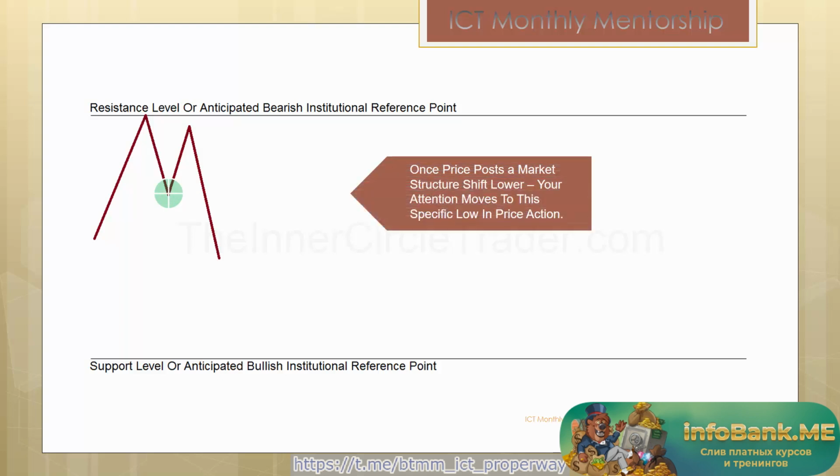Once price posts a market structure shift lower, your attention as the trader moves to this specific low in price, right there. Inside that low, what we're going to be focusing on is the last down candle, because the last down candle is where the buying took place right before that little short-term rally up.